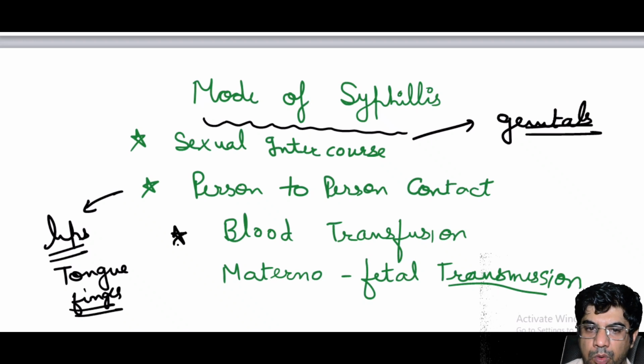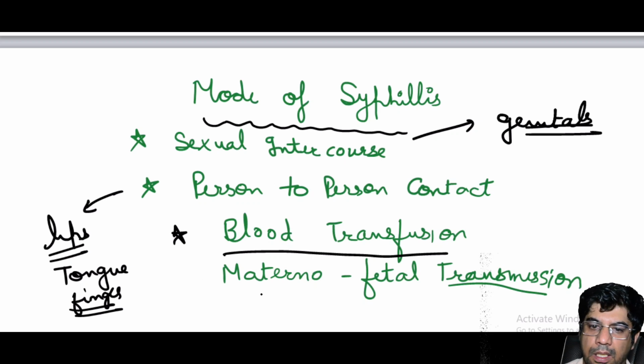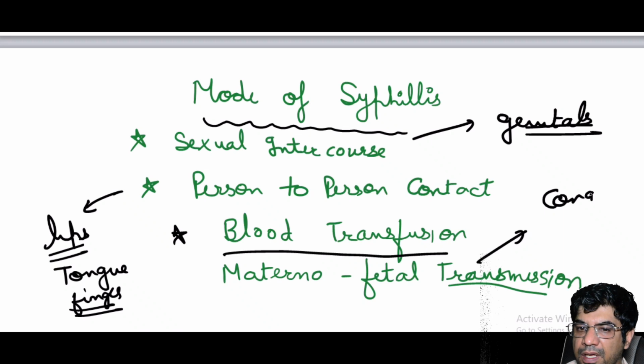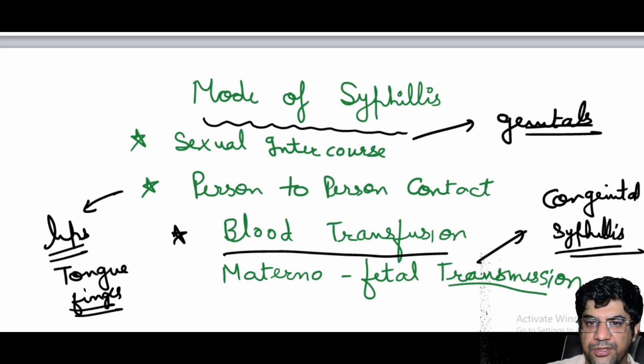Or it could be due to the blood transfusion route, or it could be the materno-fetal transmission as seen in case of congenital syphilis. So what are the possible modes of transmission for syphilis? It is through sexual contact, intimate contact, blood transfusion or maternal transmission.